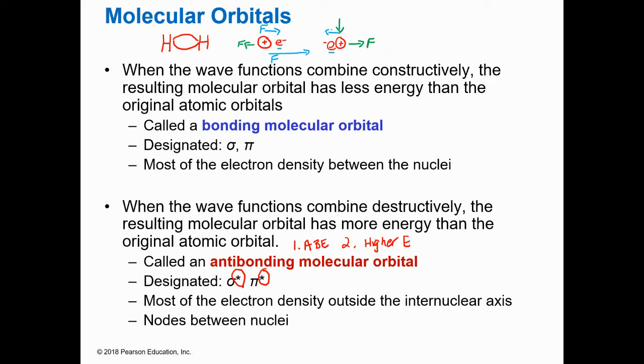So it's going to be attracted this way and attracted that way. So we have 1, 2, 3, 4 forces of attraction. They outweigh the 2 repulsions. Okay?